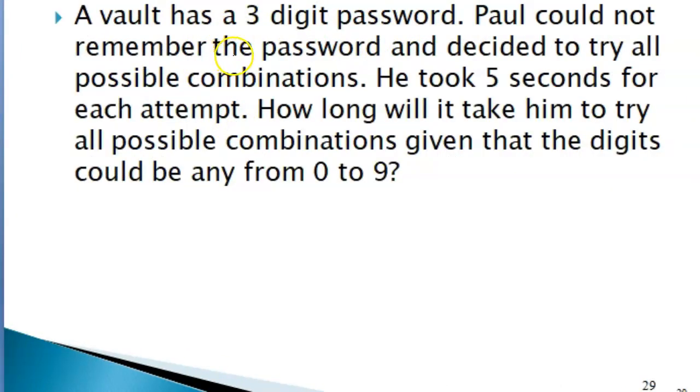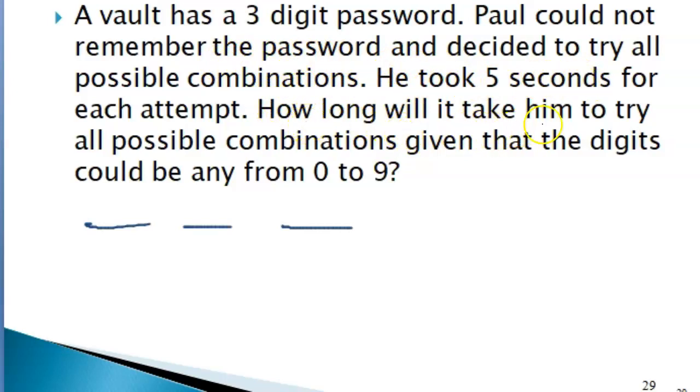A vault has a 3-digit password. Paul could not remember the password and decided to try all possible combinations. He took 5 seconds for each attempt.